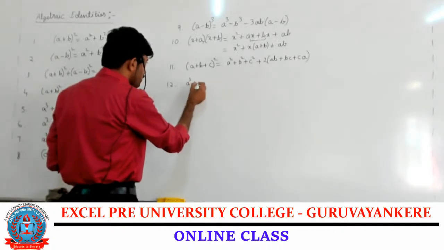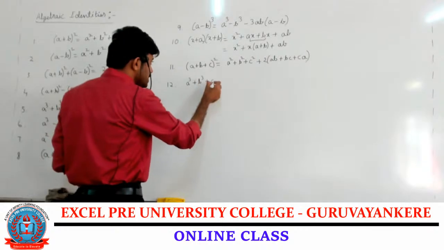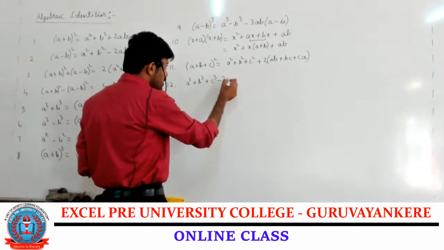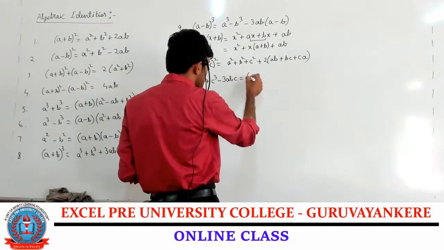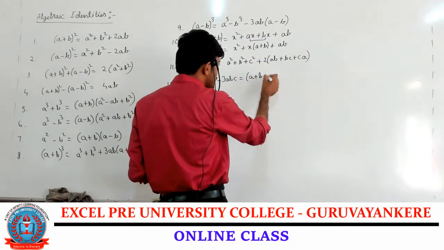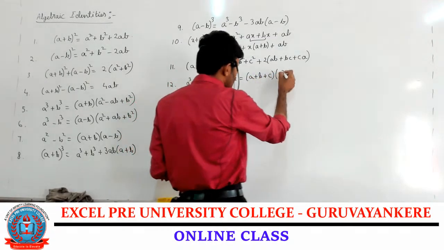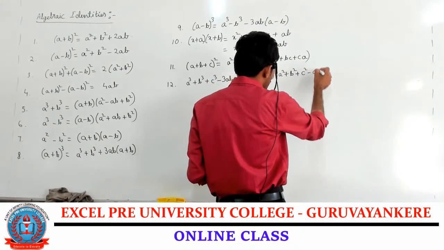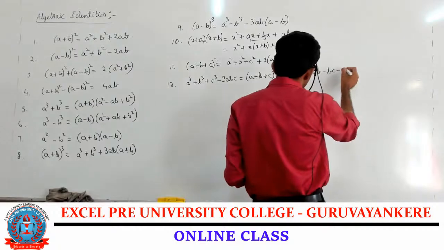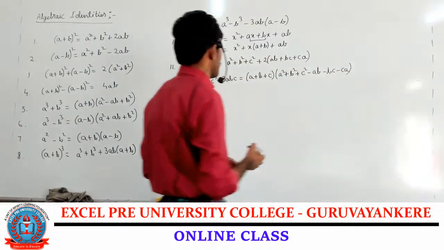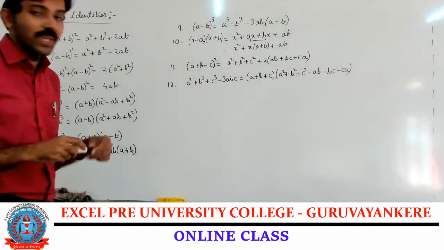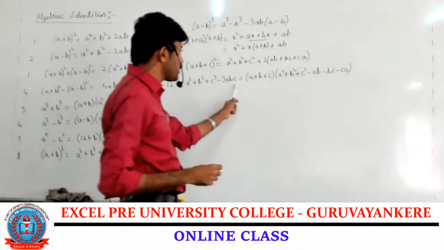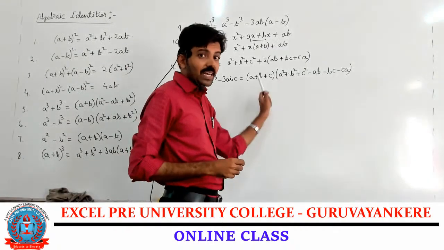Next we have one more formula: a cube plus b cube plus c cube minus 3abc is equal to (a plus b plus c) multiplied by (a square plus b square plus c square minus ab minus bc minus ca). So a cube plus b cube plus c cube minus 3abc is broken into two factors.